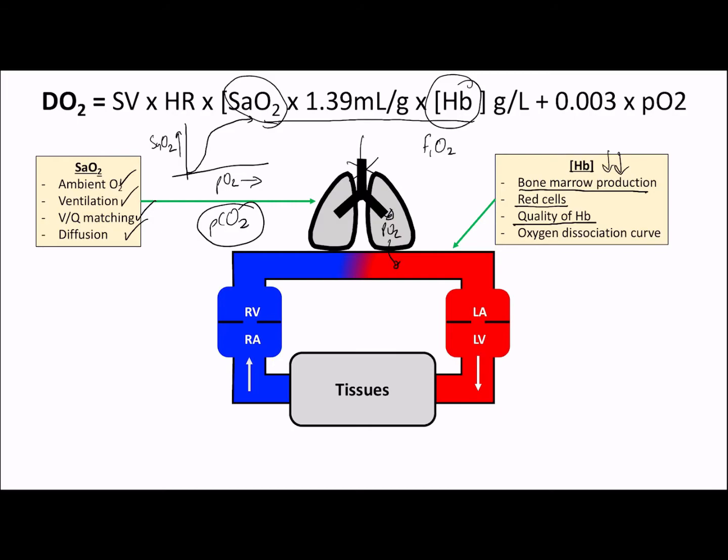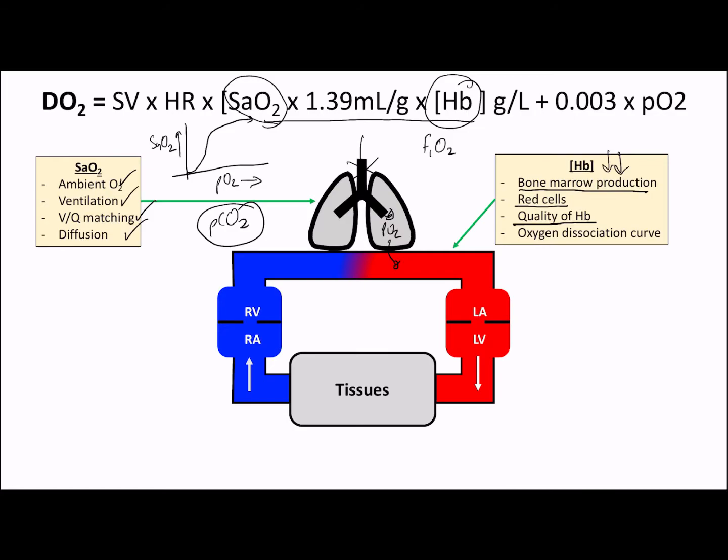Also, if the hemoglobin cannot associate with oxygen, if it's poisoned in some way, and one of the things that I didn't mention is that oxygen is not the only ligand for hemoglobin. It can carry carbon monoxide, it can carry nitrous oxide, and other substances, so it can be poisoned.